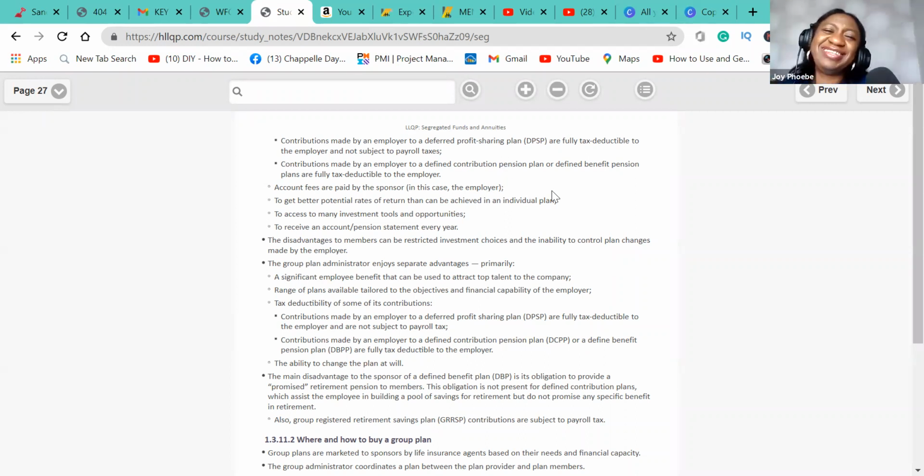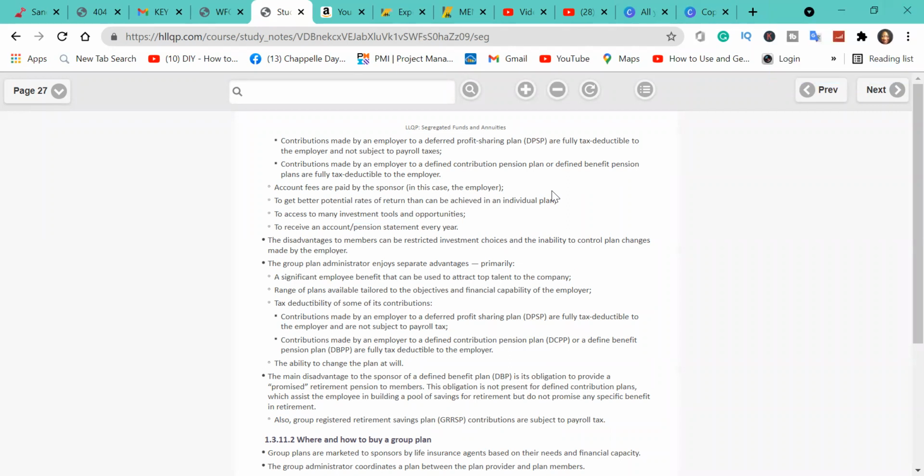So this deferred profit sharing is a very tricky one. The company will say, okay, when we make profit, then we share this profit and put it in your retirement benefit plan for you. So this one, you don't know, you may not get anything.